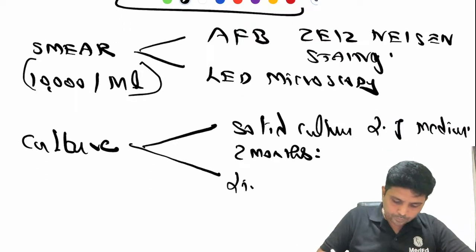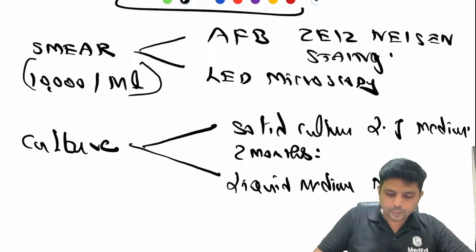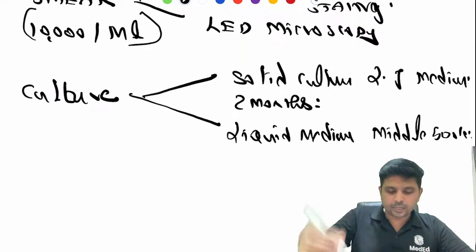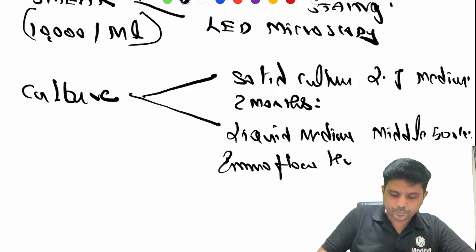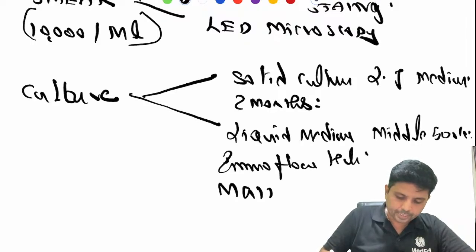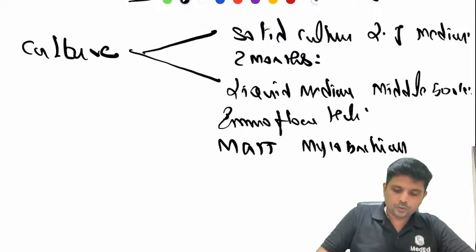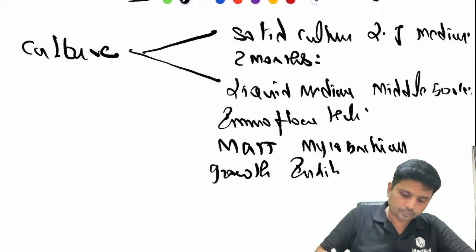Right now we use something called liquid medium, using Middlebrook medium, which enhances fast growth and is optimized to find the bacilli with the help of a fluorescence technique, and this is called MGIT. What is MGIT? MGIT means Mycobacterium growth indicator tube system.